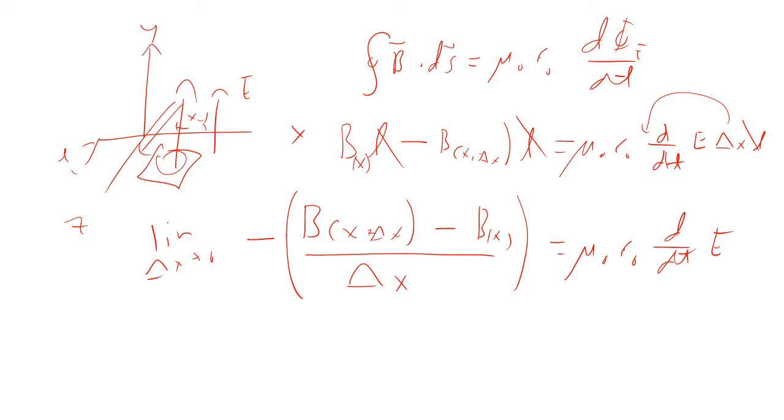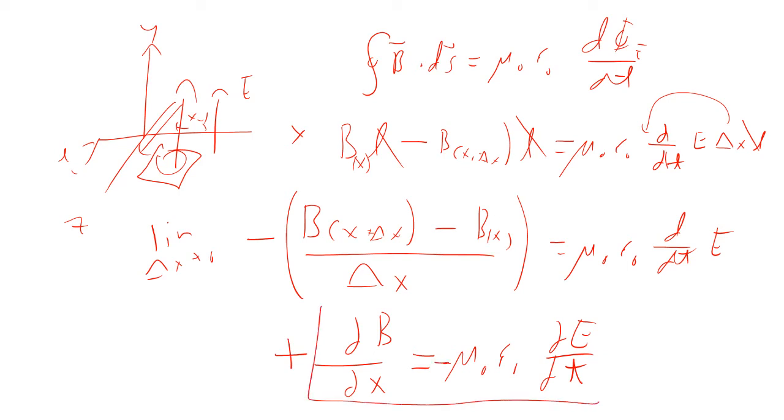Once again, we have minus, again, these are really partial derivatives, partial B with respect to x equals mu naught epsilon naught partial of E with respect to time. Okay. So now what we've got here is an interesting derivative. I'm going to make that one positive and this negative over here just because I don't like having negatives to start an equation.